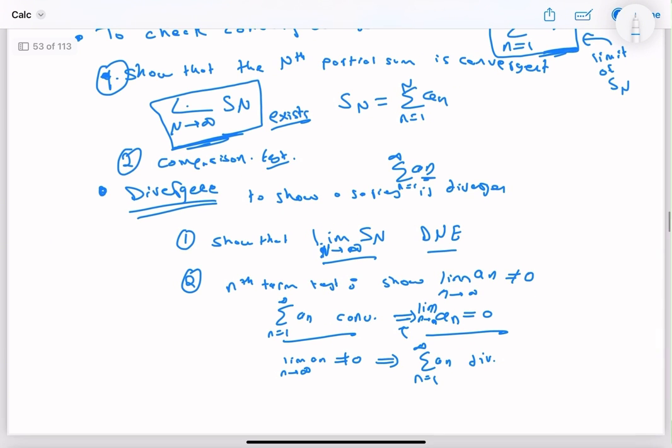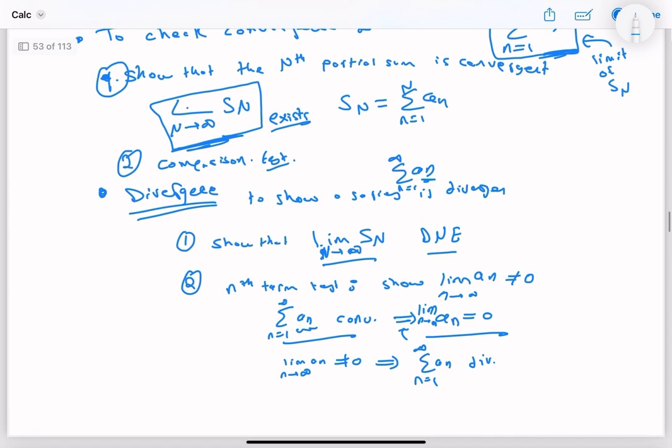It's supposed to give you some feeling: you get a series, and the first thing you do is check the limit of the summand, the limit of an. If the limit of an is not 0, then the series is divergent by the nth term test. If the limit of an is 0, then it gives you some feeling that convergence might happen, but it's not quite a proof.